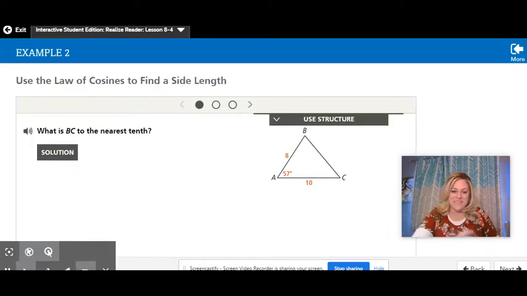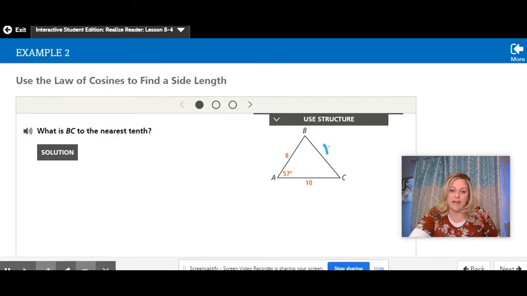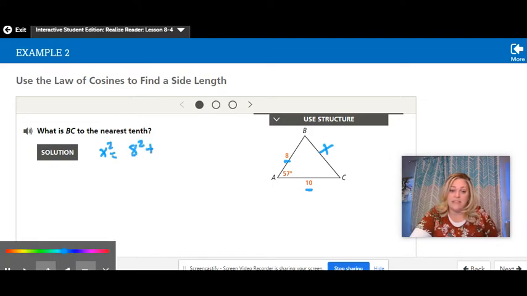Now we can try some example problems. Let's think of that formula again. I'm just going to label segment BC as x. And these are the other two sides that I'm not looking for. So x squared should equal one side, I'm going to say 8 squared, plus the other side, I'll say 10 squared.